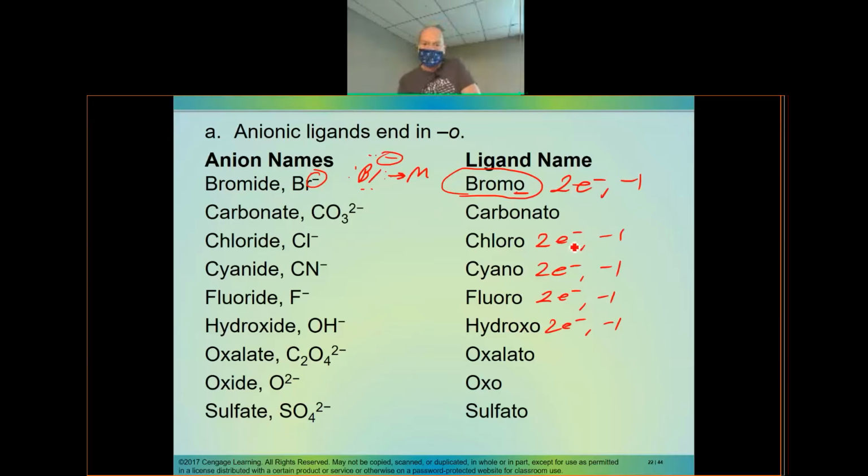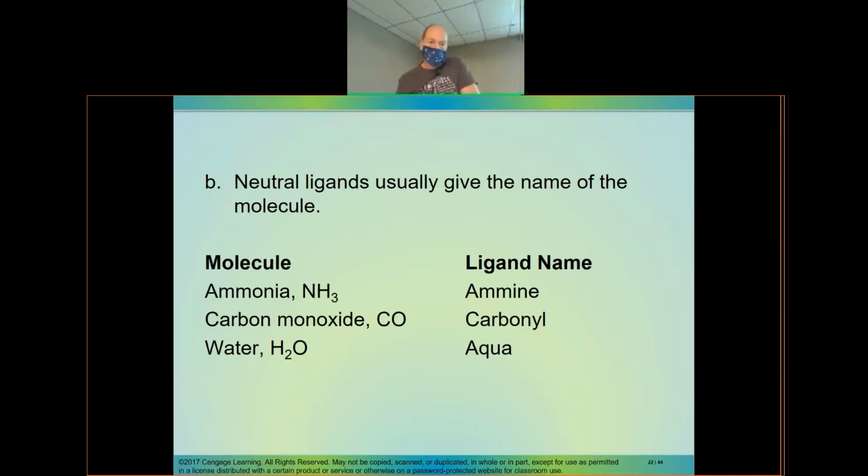So they will all be 2 electrons and minus 1. When we have our neutral ligands, ammonia is neutral because when we draw the Lewis structure, it has an octet and it does not have a charge. Nitrogen, 3 bonds, electron pair, that's what it's supposed to be. And so that is a 2 electron and no charge.